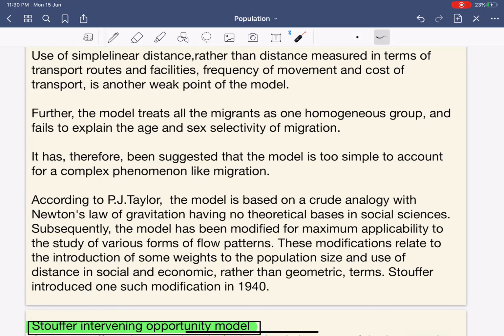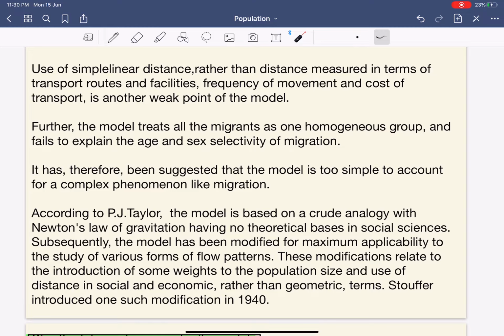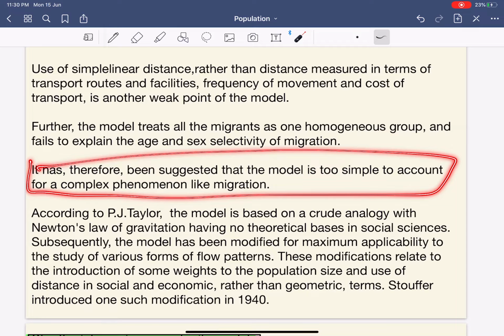It does not differentiate between male and female, because in general males migrate more, and over more distance, when compared to females, and the model does not take such a thing into account. Next, it has therefore been suggested that the model is too simple to account for a complex phenomenon like migration. So basically, this is nothing but a conclusion.